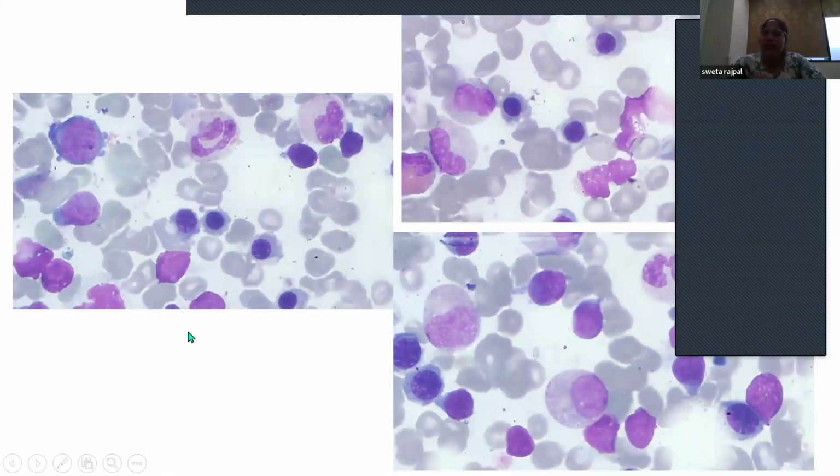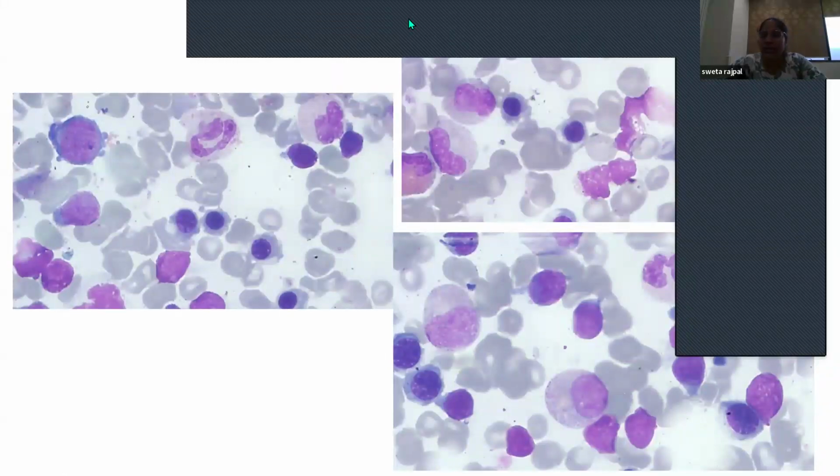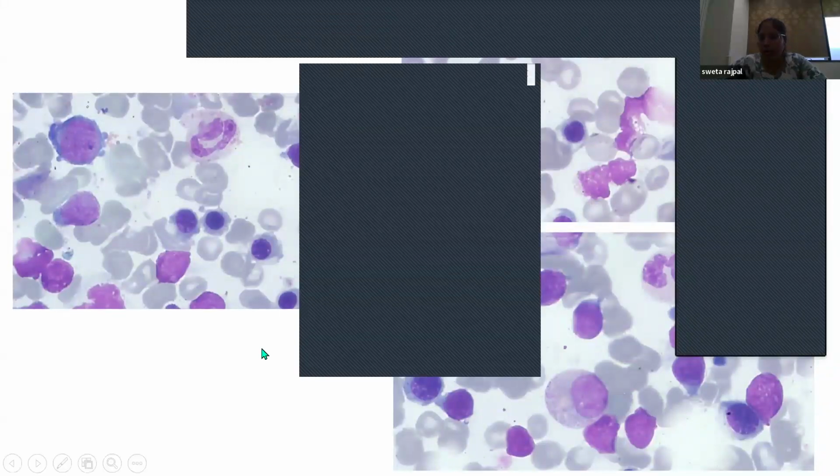In situations like MDS, megaloblastic anemia, or any regeneration, the erythroid series increases and we see erythroid hyperplasia. Similarly, we can have a myeloid preponderant marrow, for example in cases of CML.